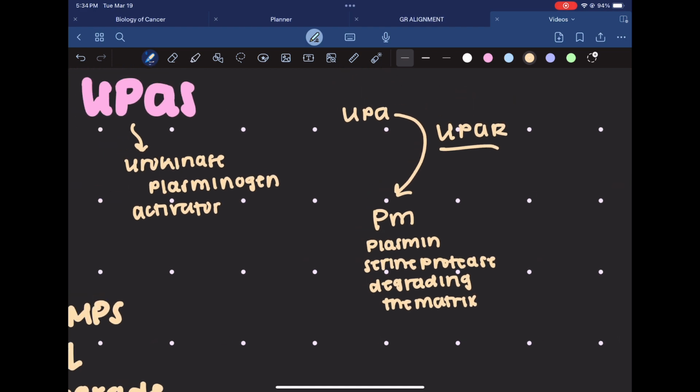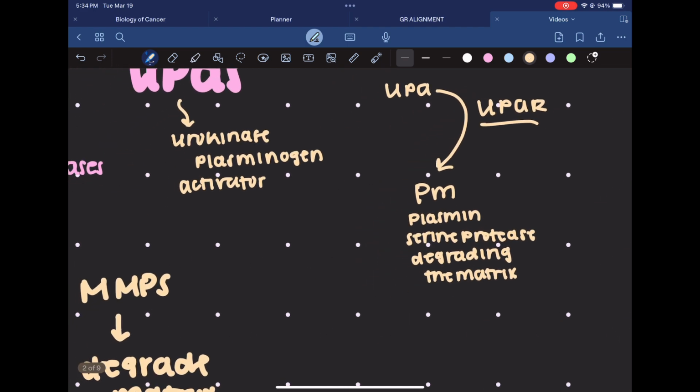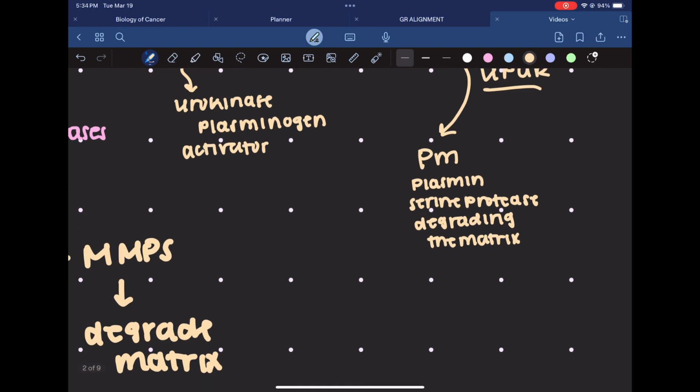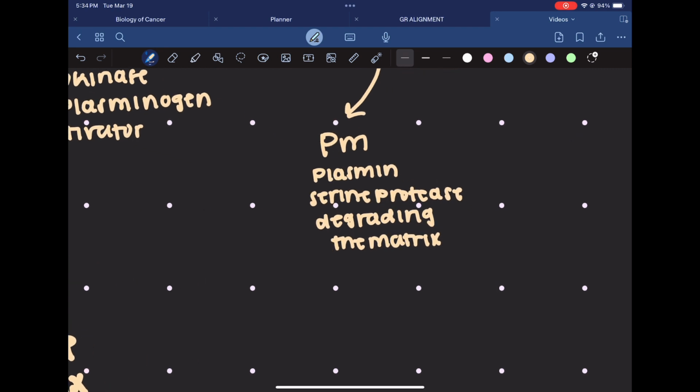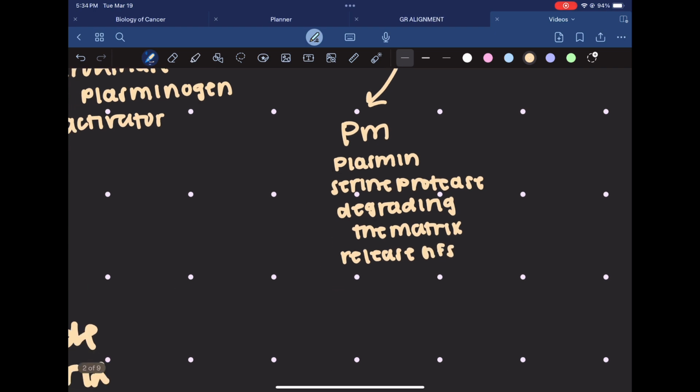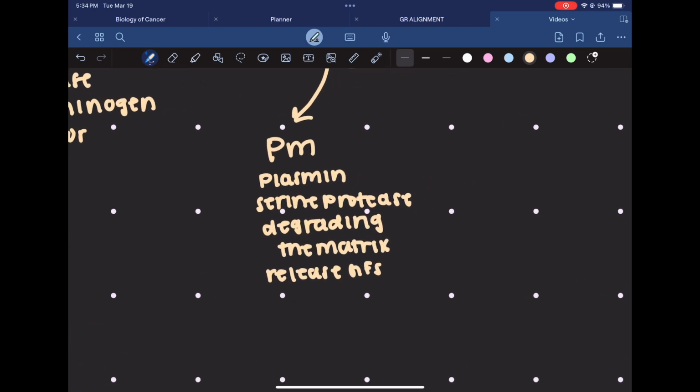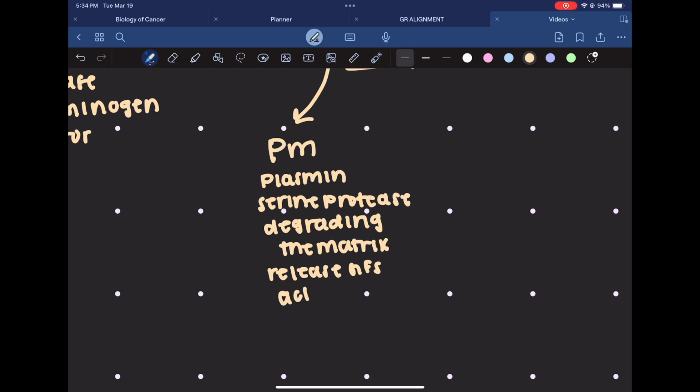So UPAs are kind of activators of this plasmin protein, but it's plasmin itself that's going to be cleaving the extracellular matrix, and in doing so, it will release growth factors, etc. And it's also responsible for activating MMPs.